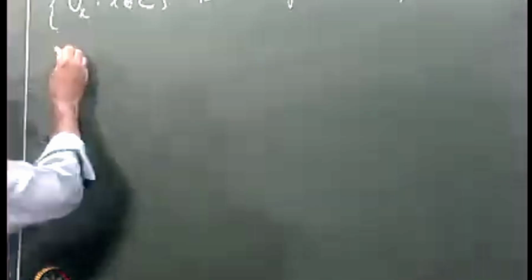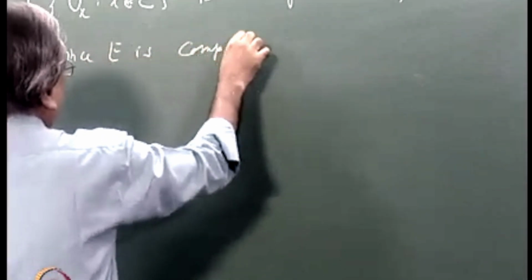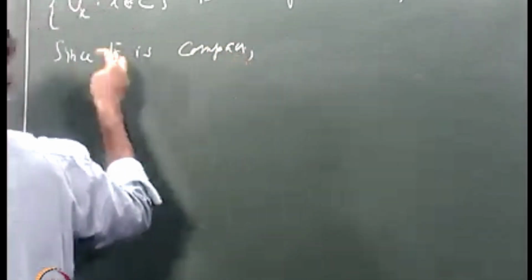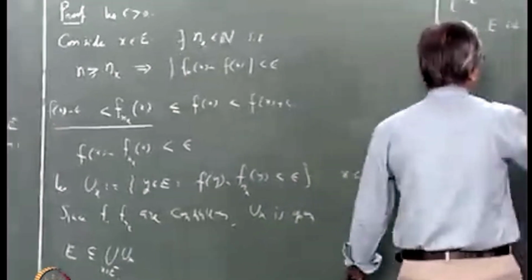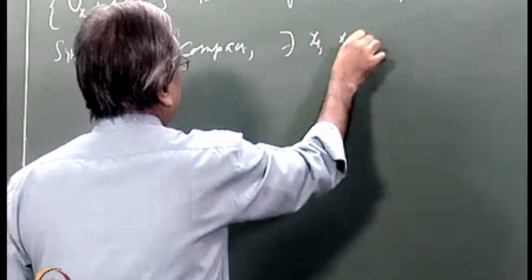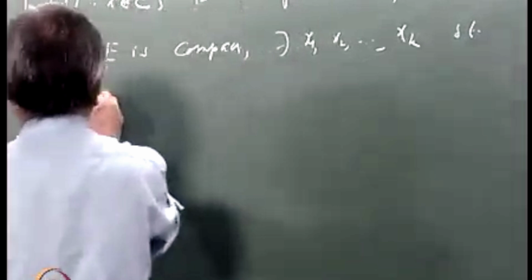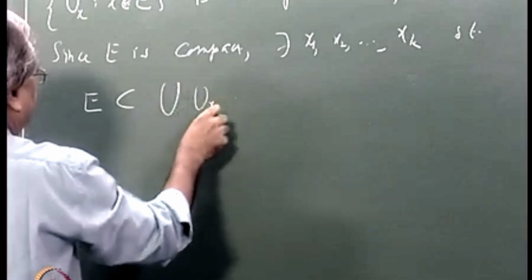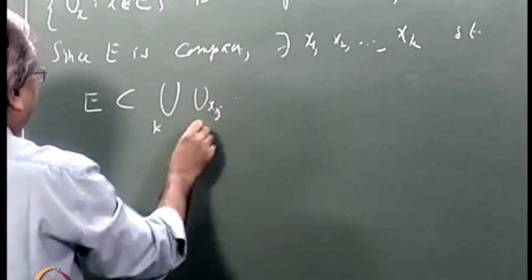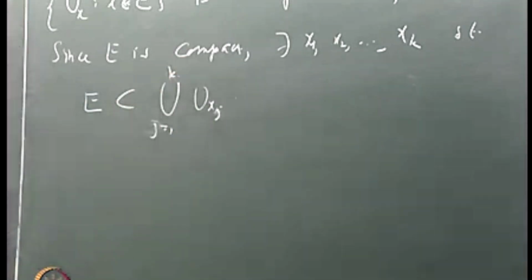Having a finite subcover means there exist some finite number of points, let us say x_1, x_2, up to x_k, such that E is contained in the union of U_{x_j}, j going from 1 to k.